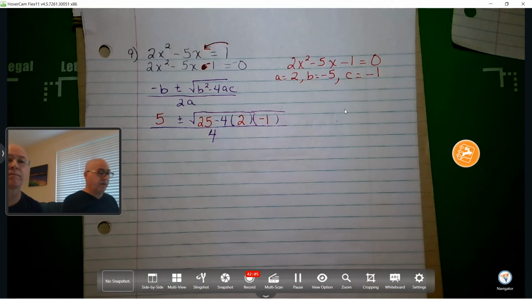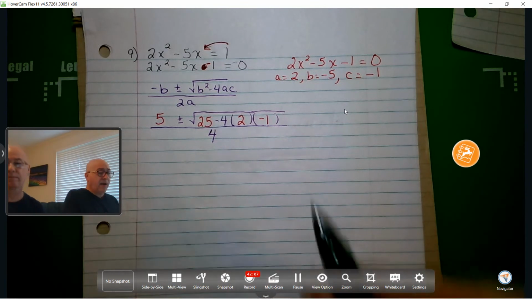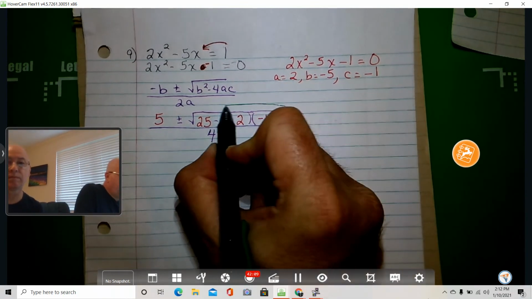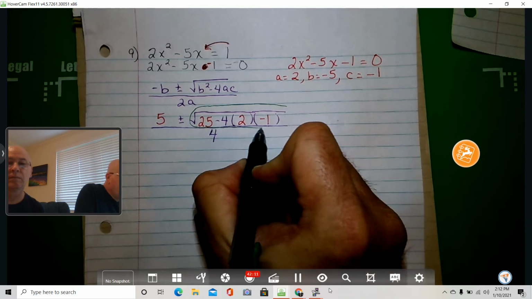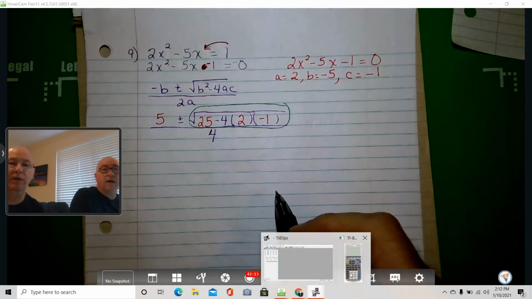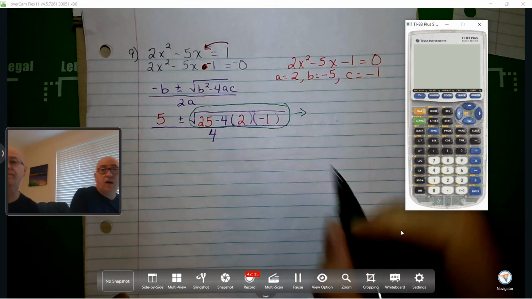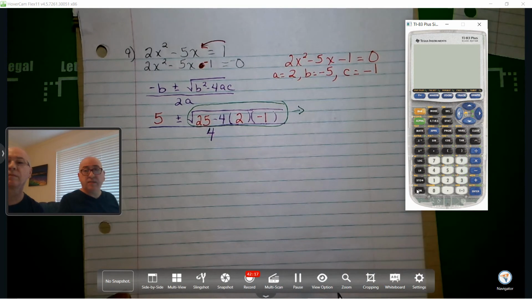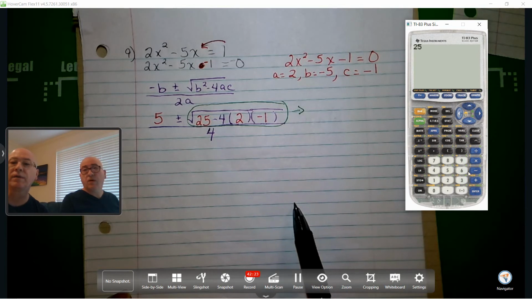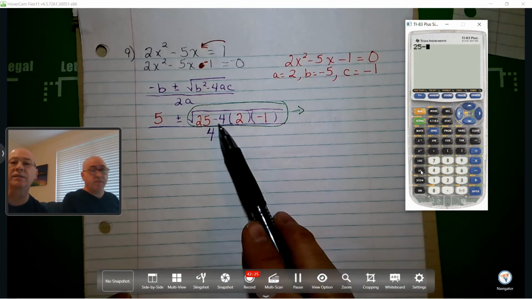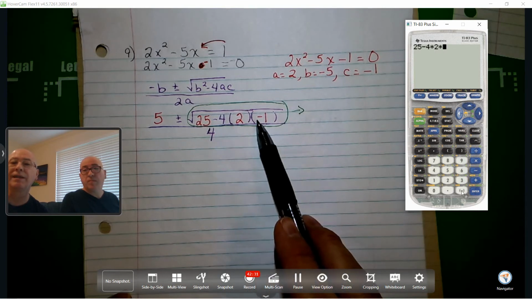Now, I simplify under the square root symbol. Let me pull up that little calculator. 25 minus 4 times 2 times negative 1.